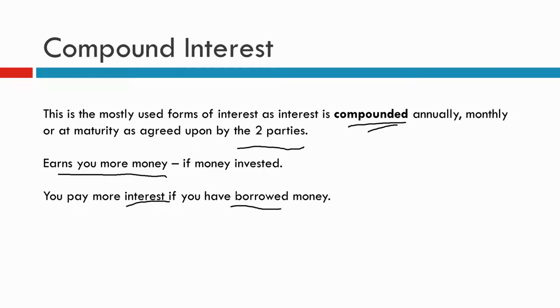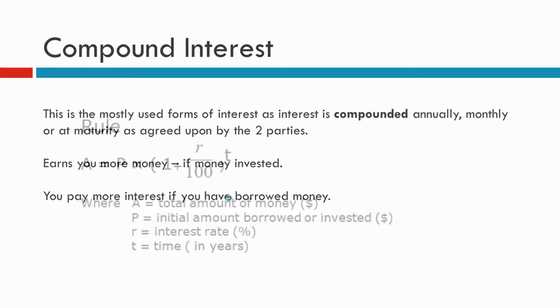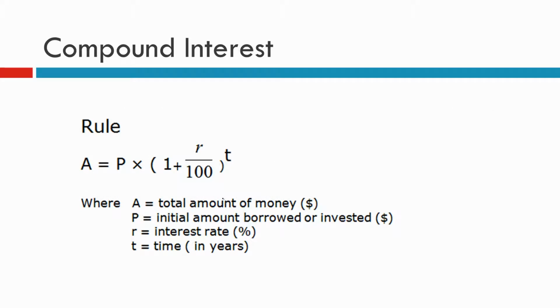So let's take a look at an example of compound interest. Okay, the rule is A equals P multiplied by 1 plus R on 100, all to the power of T. Now, A is our total amount of money. And usually we can write also A_n, with a little subscript n, to say after how many years, but it's not necessary.